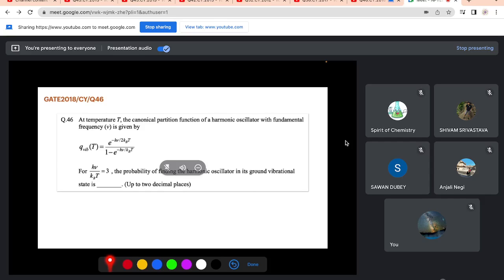To solve our problem, we have to find the probability for the ground state.